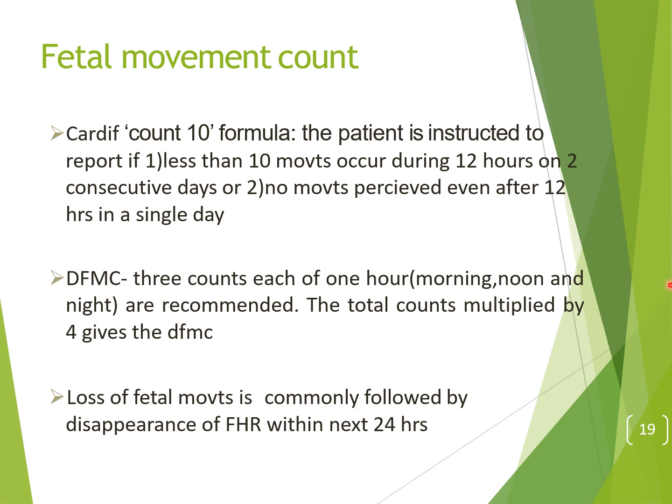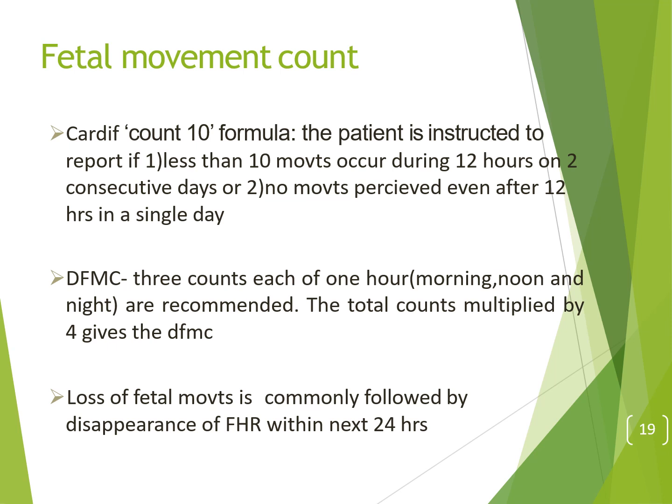Next, another method is daily fetal movement count. In that case, instead of counting continuously for 12 hours, you can advise the woman to count for 1 hour in the morning, noon, and in the night. And after that, she can multiply the count by 4, so that she will get the daily fetal movement count.